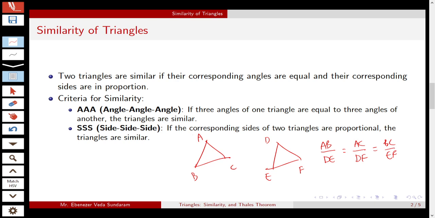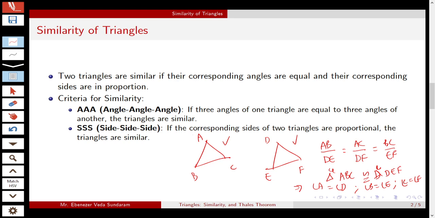Then from this I can say that triangle ABC is similar to triangle DEF. From this I can surely say that this implies angle A equals angle D, angle B equals angle E and angle C equals angle F, right?